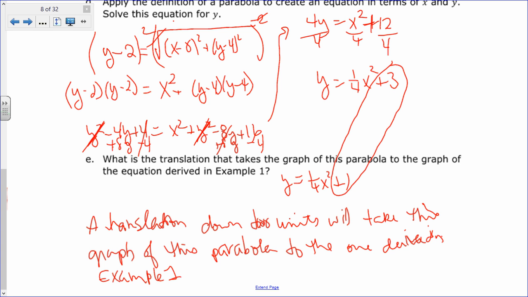So if I simply take that graph and move it down 2 units, I end up in the same place.